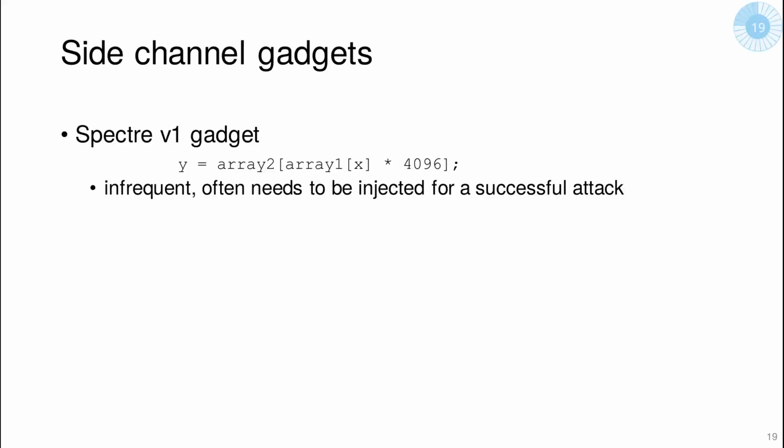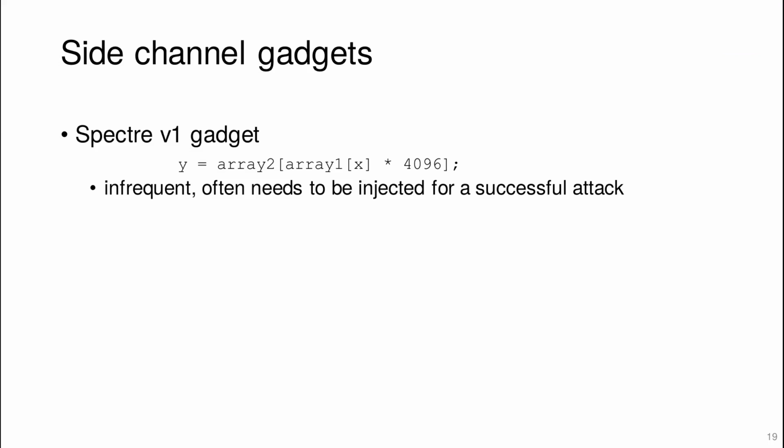Now, we have a few ways in which the attacker can control the speculative execution. Let's see how we can use this to actually leak some secrets. So traditionally, Spectre and related vulnerabilities use a gadget like the one in the slide.